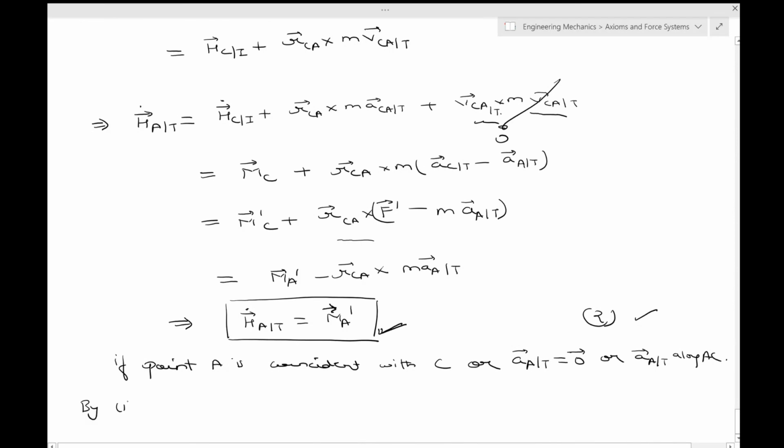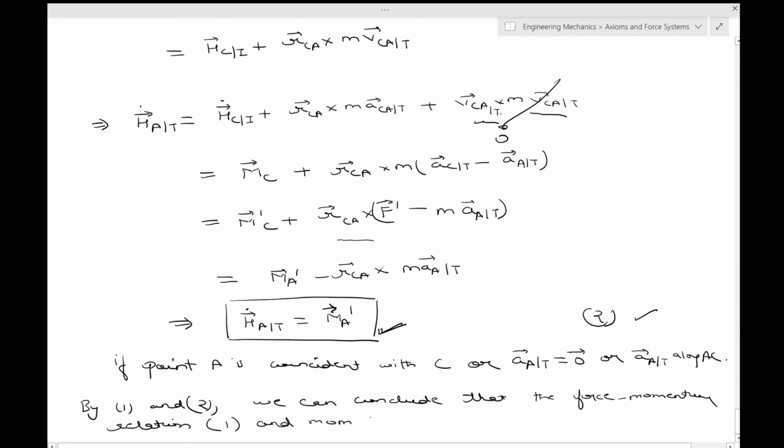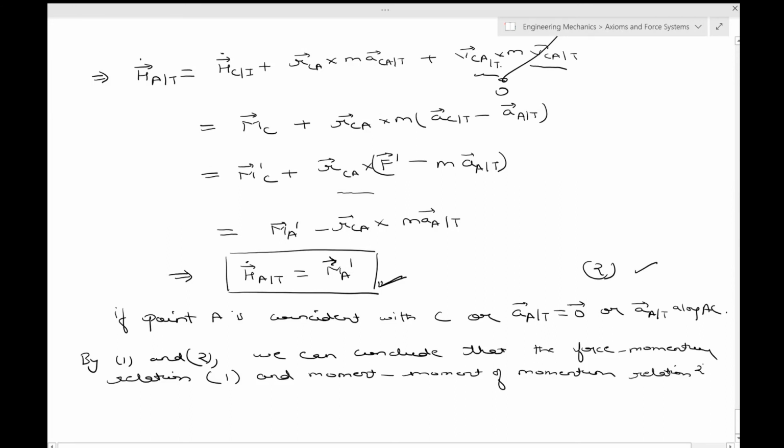So by 1 and 2 we can conclude that the force momentum relation, that was 1, and moment of momentum relation 2, relative to T, have the same form as those relative to I.